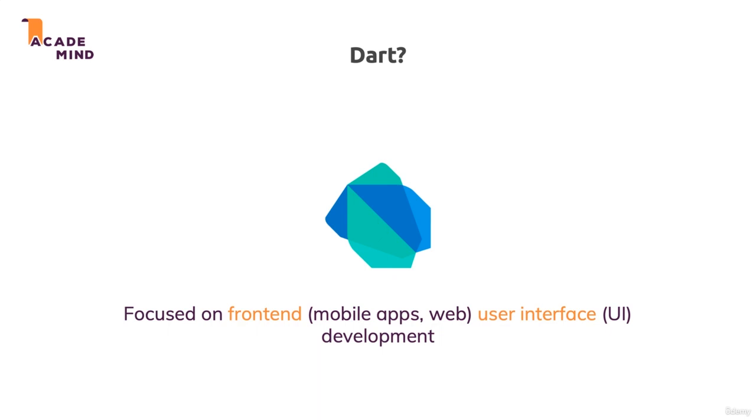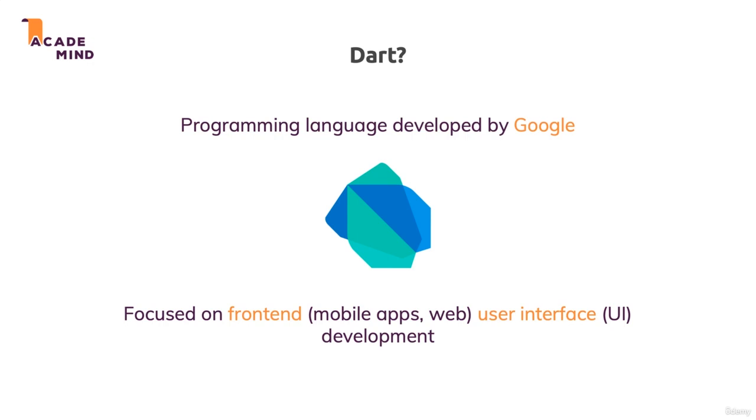And Flutter uses Dart mostly for building mobile apps. So it's a programming language built to make it really simple to build front-end user interfaces. It's a programming language which was developed by Google or is developed by Google, just like Flutter. So these are actually two independent teams in Google, but of course they're working together to improve each other. And therefore we have a hand-in-hand solution here.